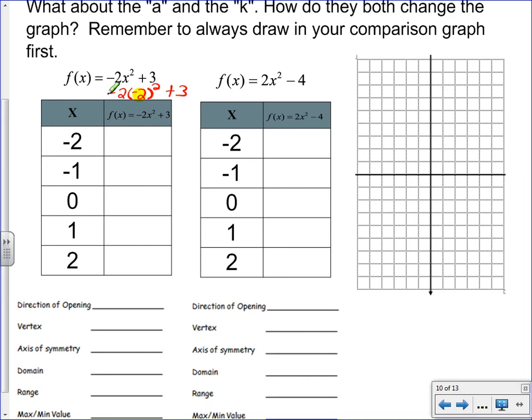Okay, Nick, Daniel, what do you get here? Negative 2 squared gives me 4. 4 times negative 2 gives me negative 8. Very good. Nathan, f at negative 1, what do I get? Good.